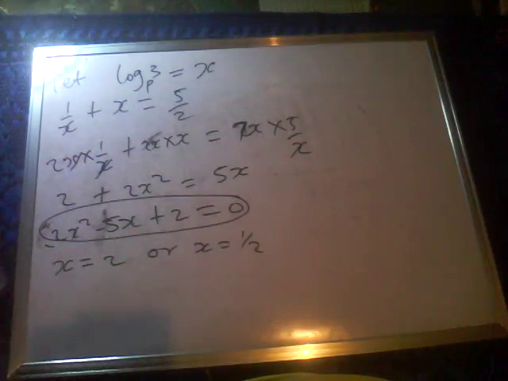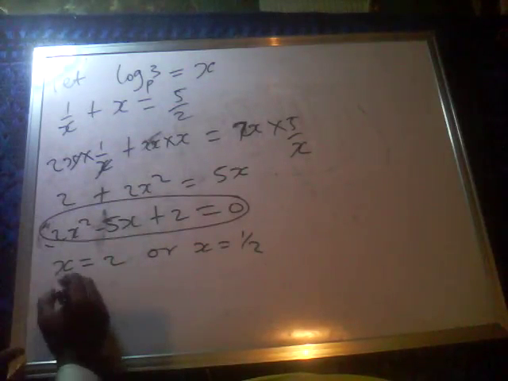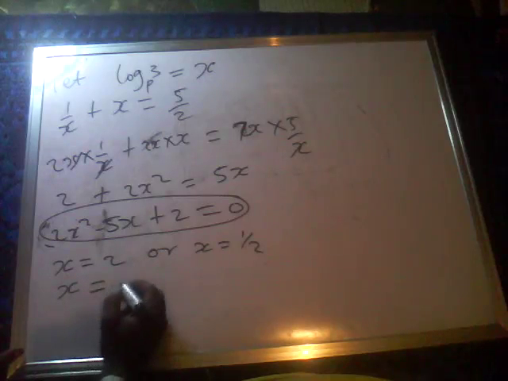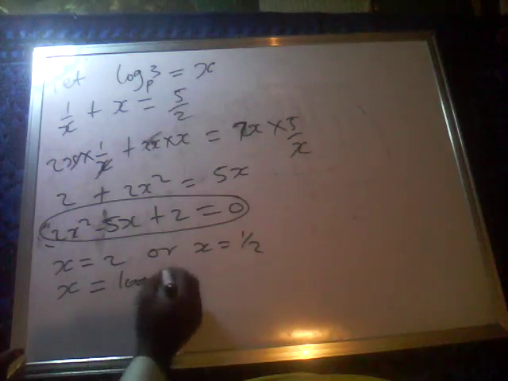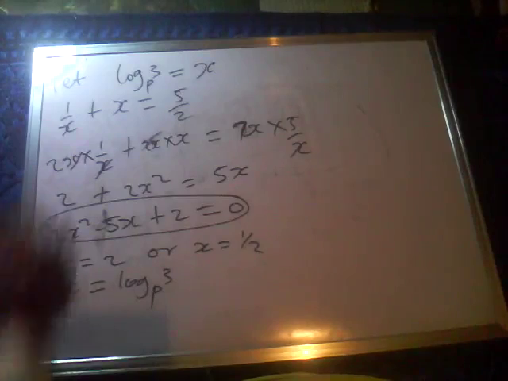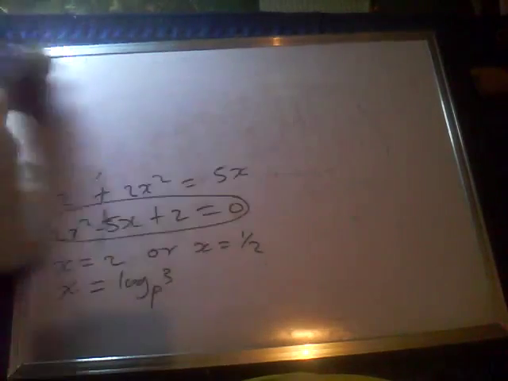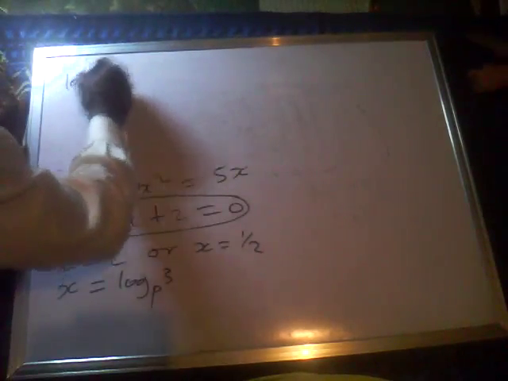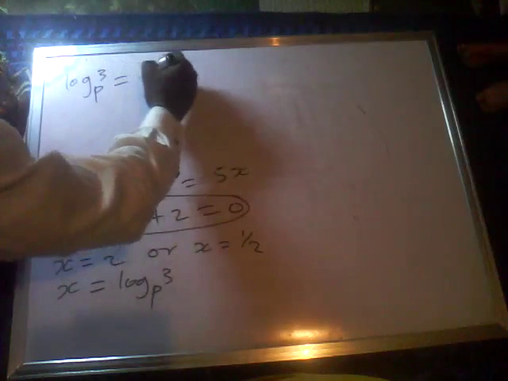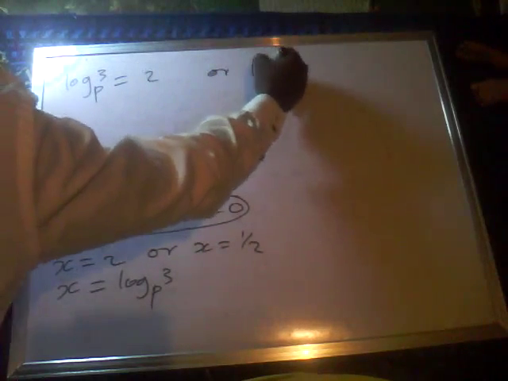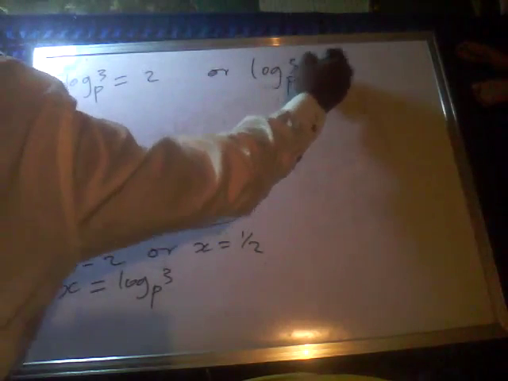Once we get x equal to that, remember that x has been standing for log 3 to base p. So that implies that log 3 to base p is equal to 2, or log 3 to base p is equal to half.